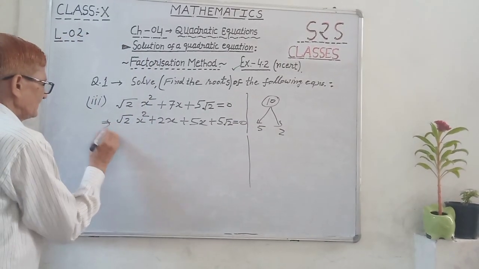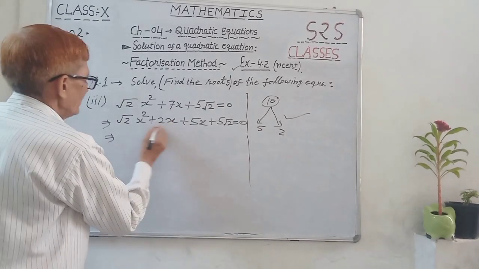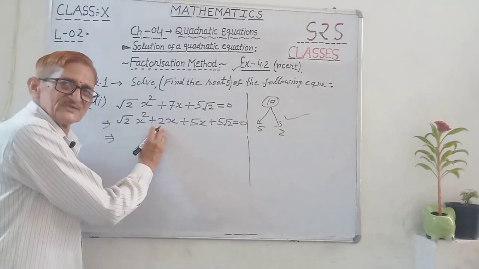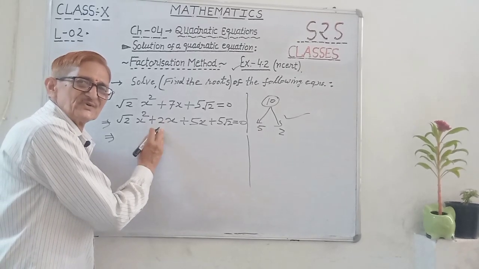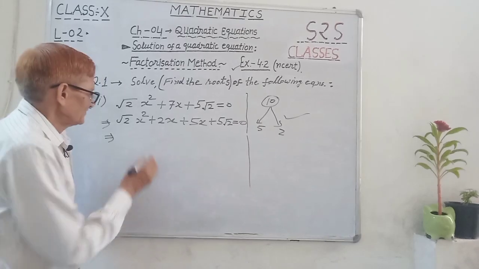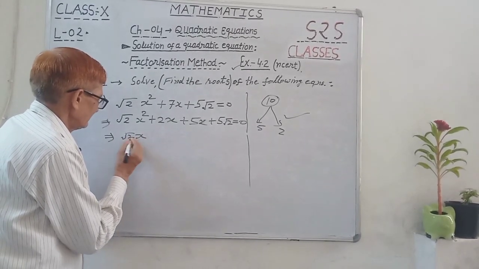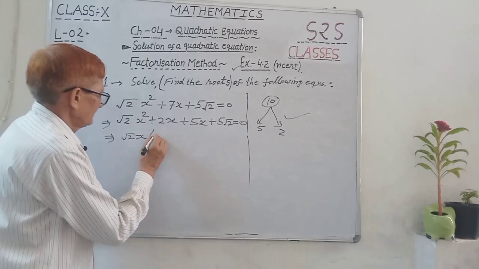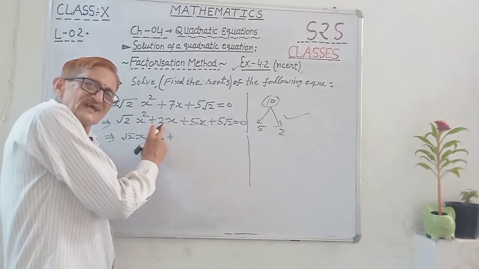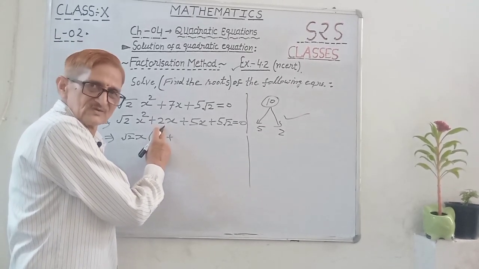Then, splitting the middle term according to this rule, what is common in root 2x square and 2x? Because 2 is root 2 into root 2, root 2 is common in both. So root 2 into x common, then what is left here is x plus, and root 2 common from the 2, what is left is root 2, because root 2 into root 2 is equal to 2.